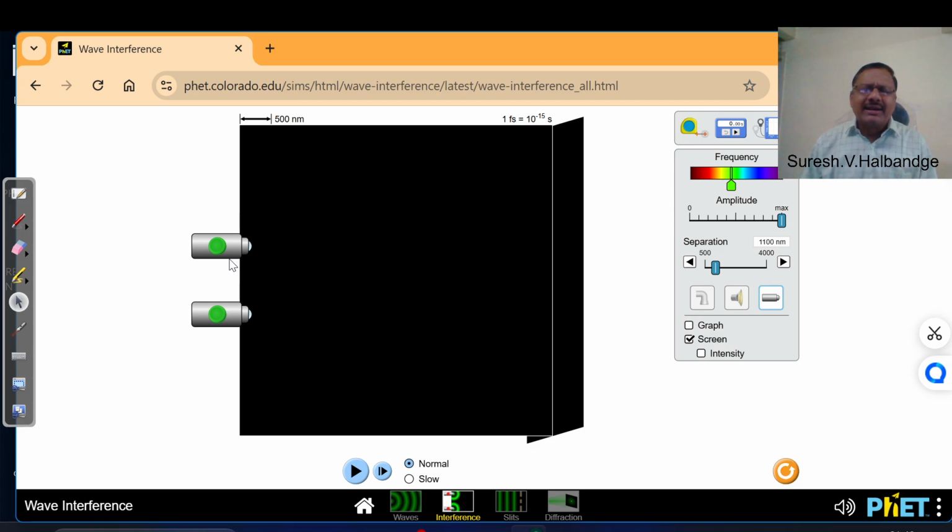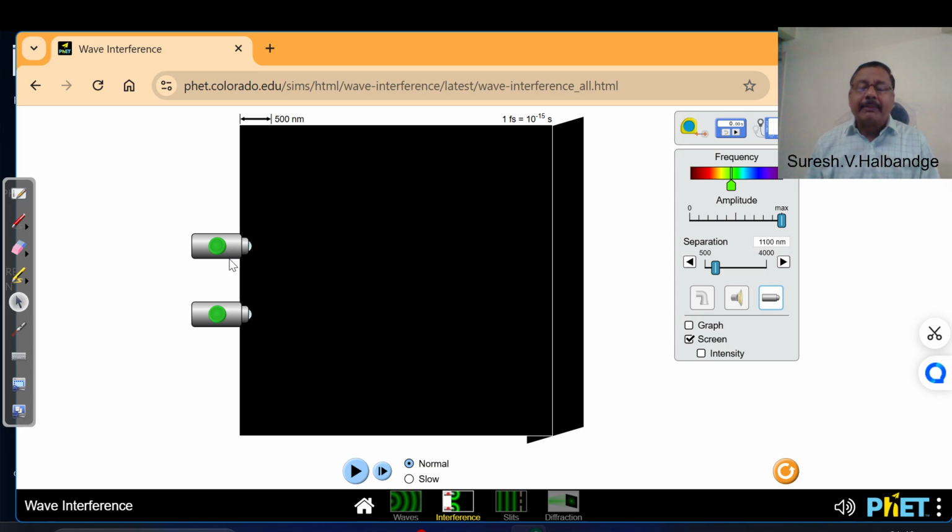So we'll try to understand the phenomenon of interference with a physics simulation. Now in this case, we will take the two light sources, and from those we will get the interference.